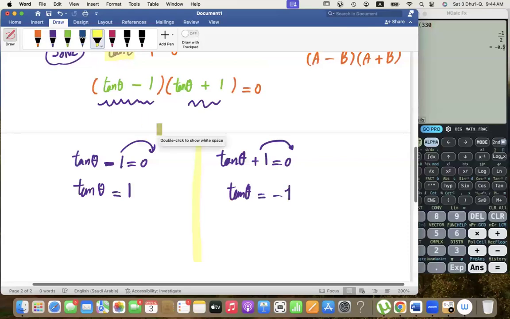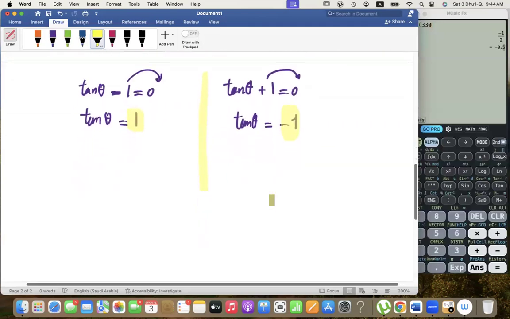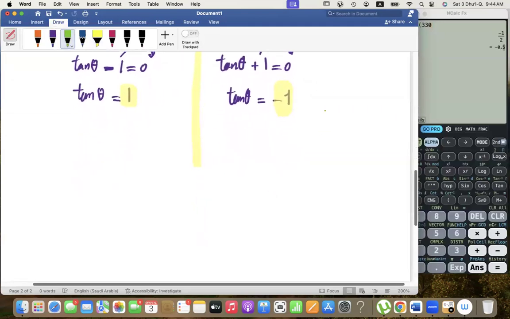So in that case, I don't have a problem because here I have all of the solutions. I have tan which is positive and tan which is negative. I know, as I told you before, we have 4 quadrants. Since we know ASTC, tan is positive in 2 quadrants: quadrant 1 and quadrant 3.